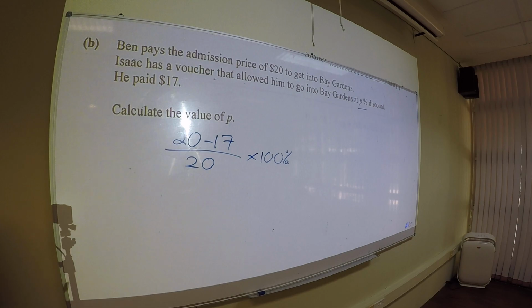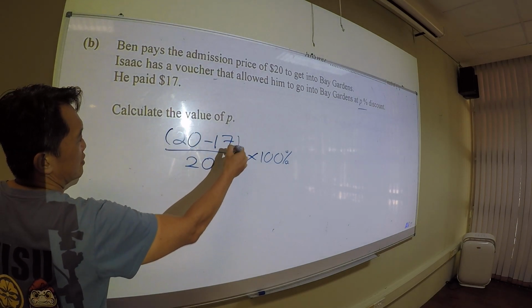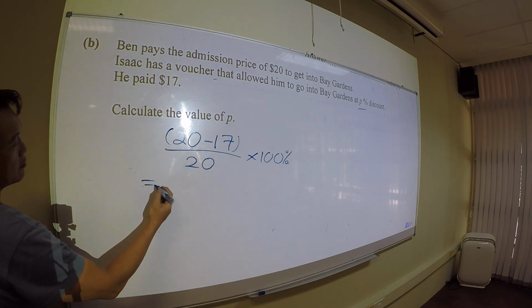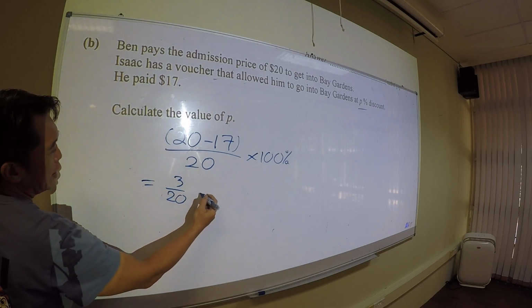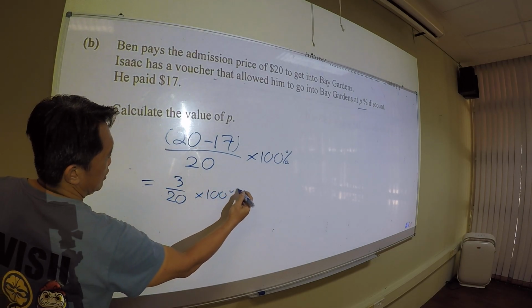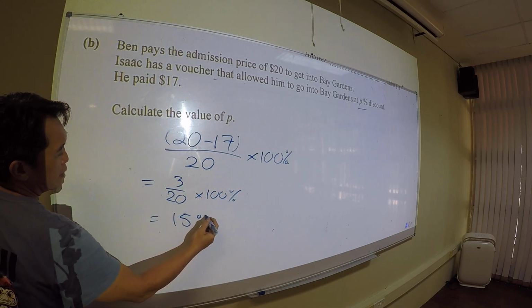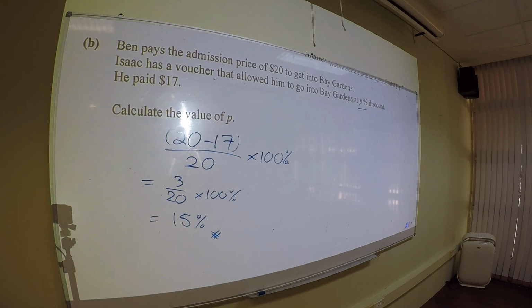So the amount of his discount is $3, 20 minus 17. Then $3 out of 20, because the original price is 20. Then we will know how much the discount was in percentage. 15%. So your P must be 15.